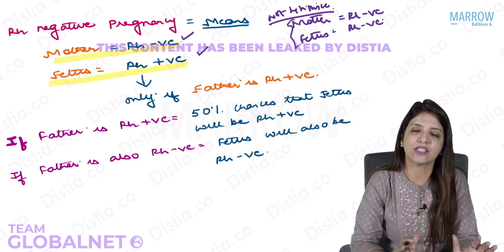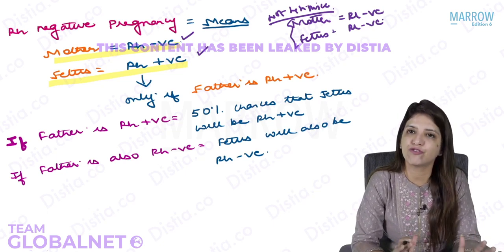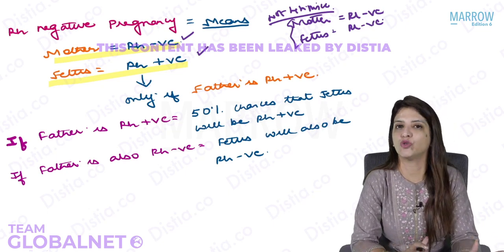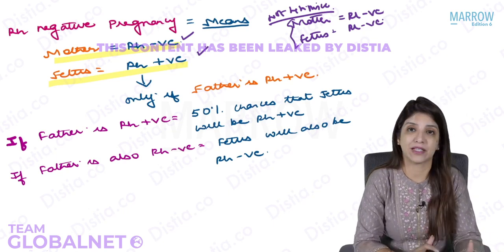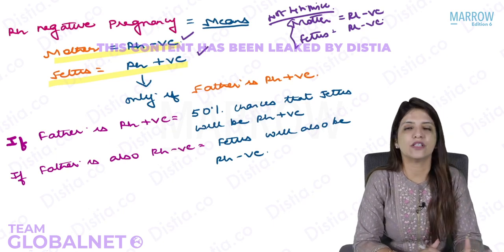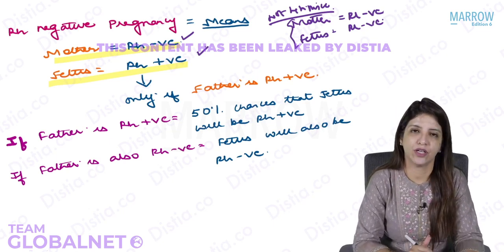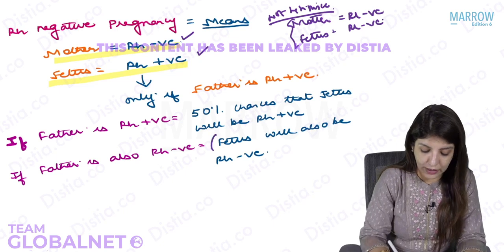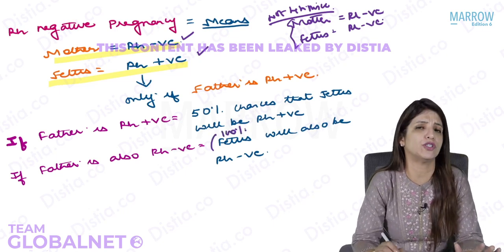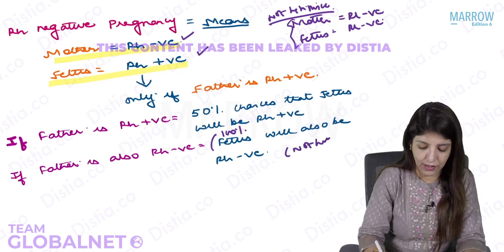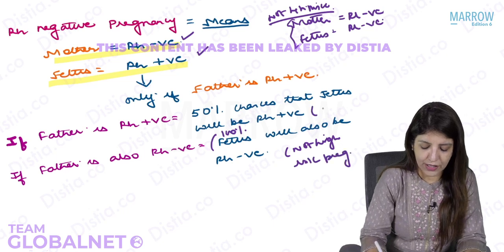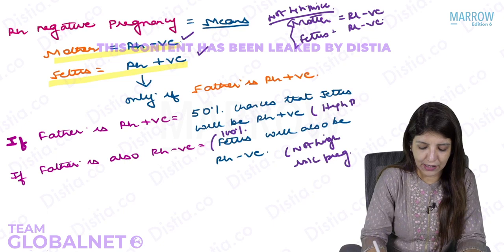So if father is Rh positive, there are 50% chances that the fetus will also be Rh positive, and then it comes under high-risk pregnancy. But if mother is Rh negative and father is also Rh negative, then 100% of the fetuses formed will be Rh negative, and this is not a high-risk pregnancy. If the fetus is Rh positive, that is a high-risk pregnancy.